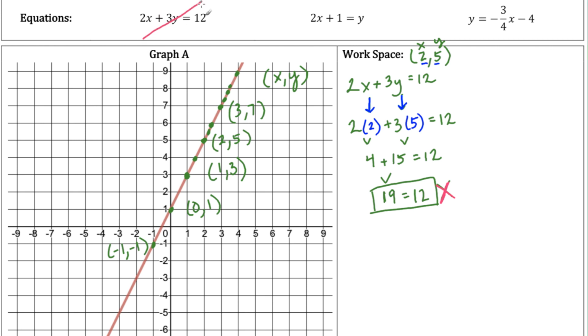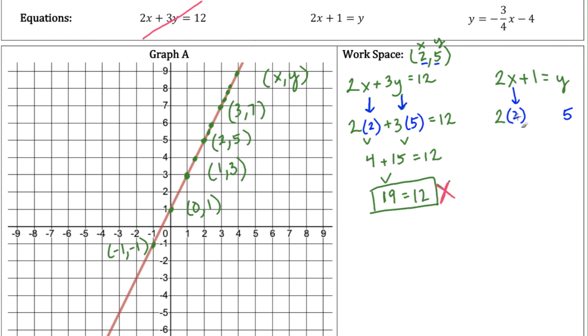All right, let's try this one right here. 2x plus 1 equals y. Let's go ahead and substitute in the x and the y. So the x will be 2, and the y will be 5.